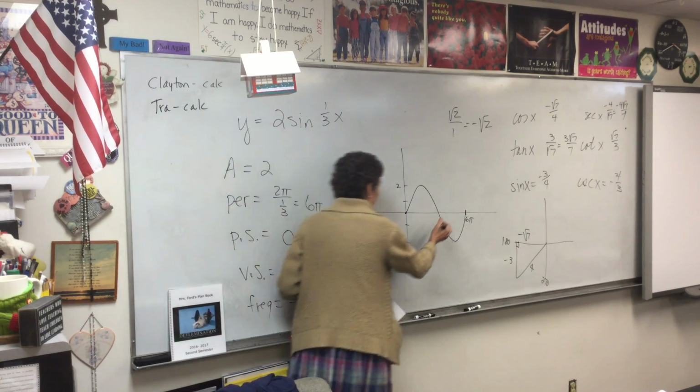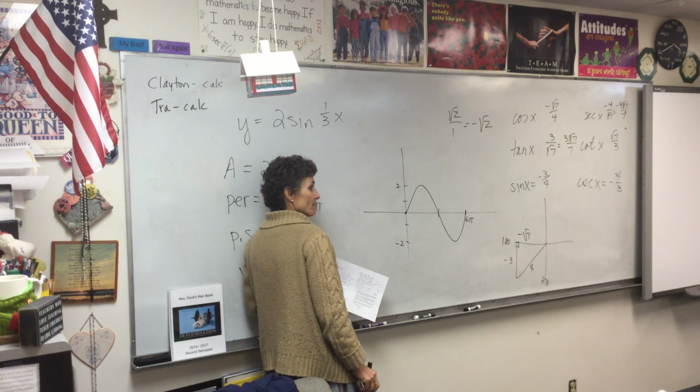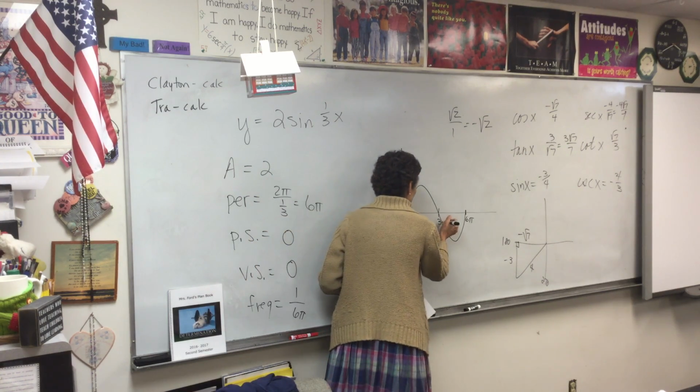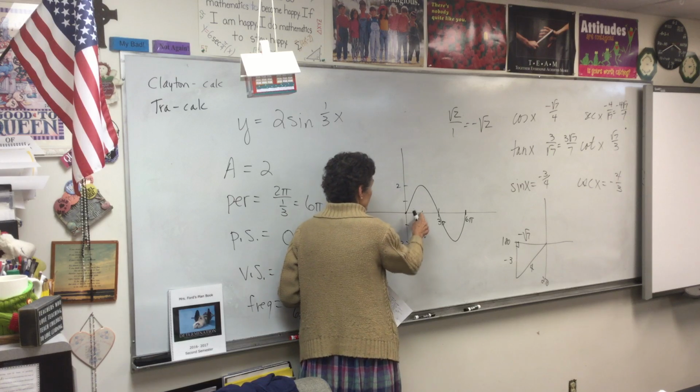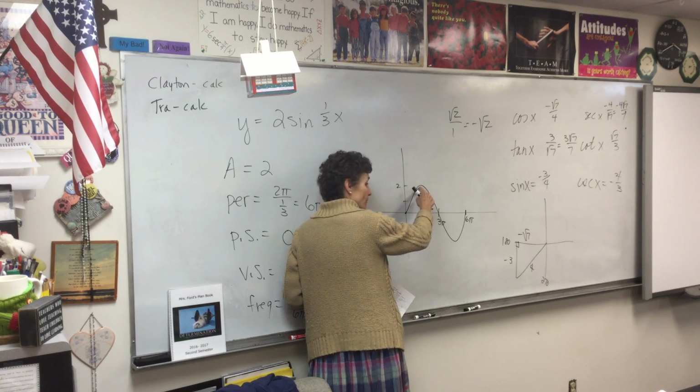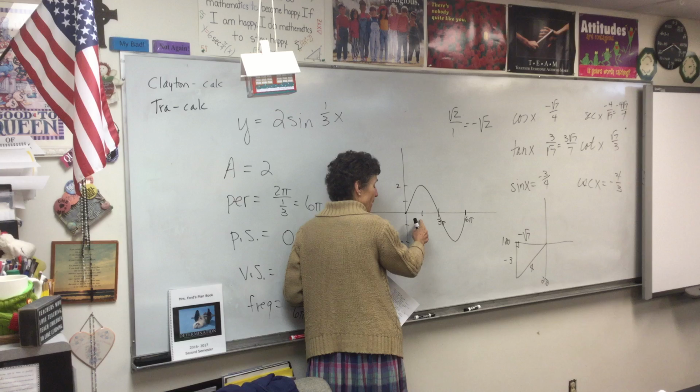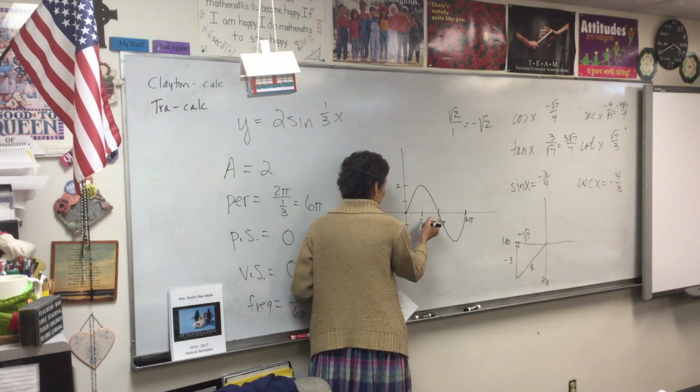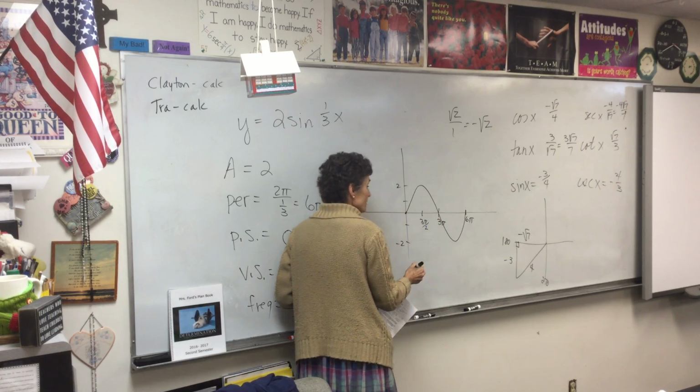So you need to label this thing, which would be 3 pi. You need to label this, which is called the maximum of the curve. You need to label this, what would that be? 1.5 or 3/2.